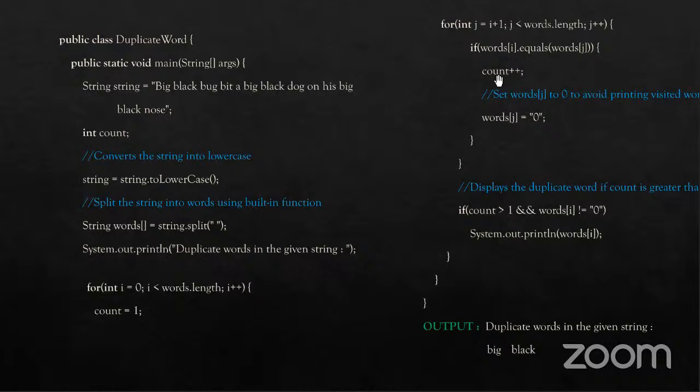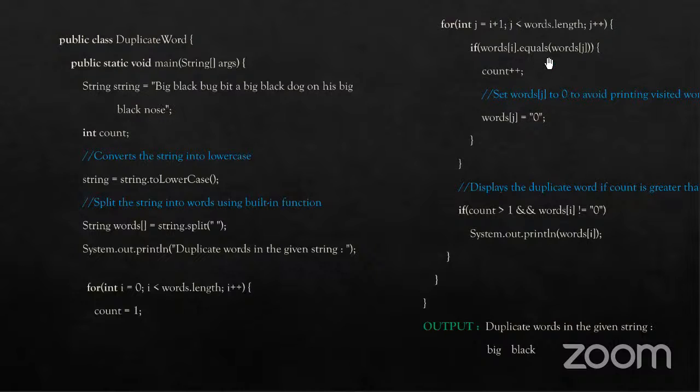Here we are checking whether the words are equal or not. If one word has a capital B and the second has a small b, the equals method will return false, because one is a capital letter B and the next is a small letter b.